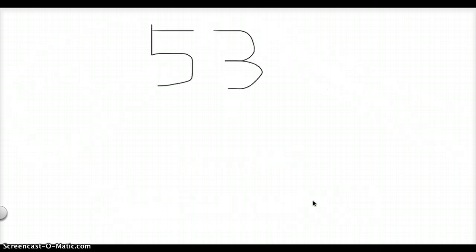When a number has a square, it has to be a composite number, which is when it has more than two factors. 53, as you saw before, only has two, 1 and 53.